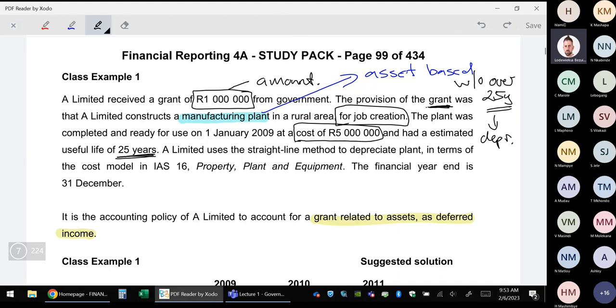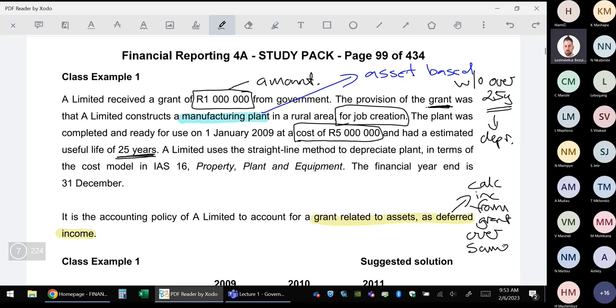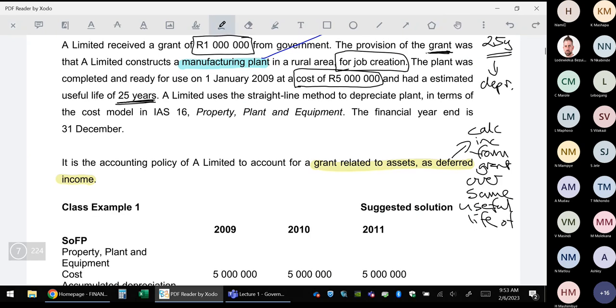So the question will tell you how to account for the government grant. So because it is deferred income, we will calculate the income from the grant over the same useful life of the asset.